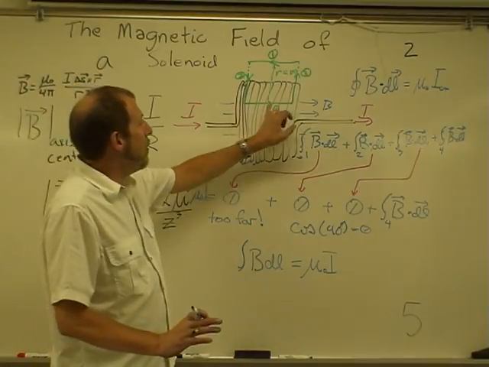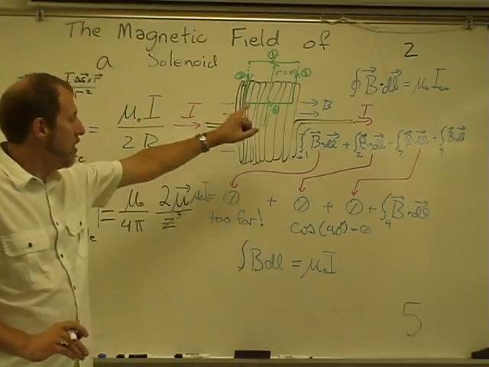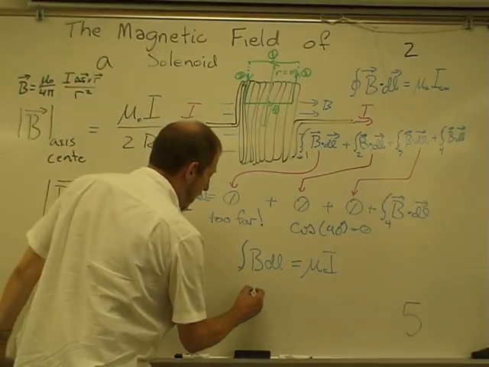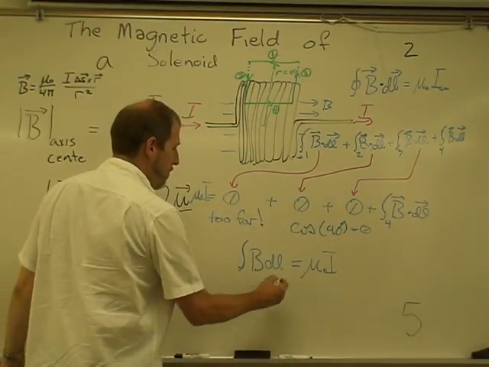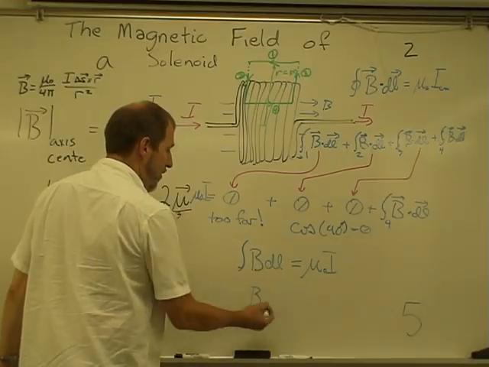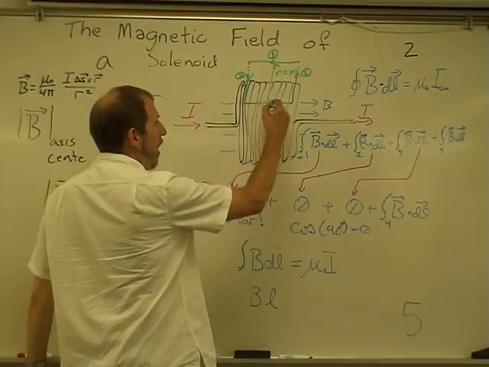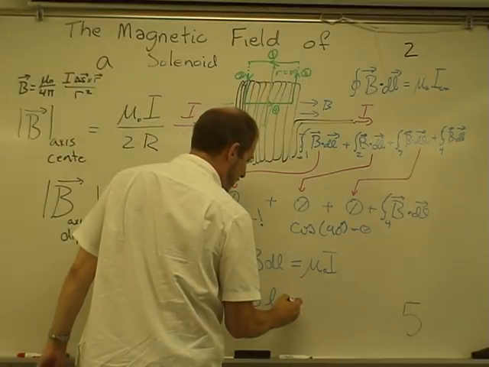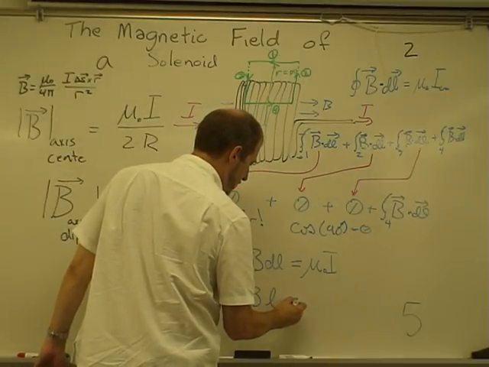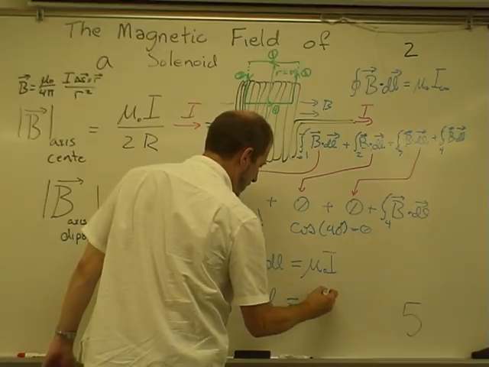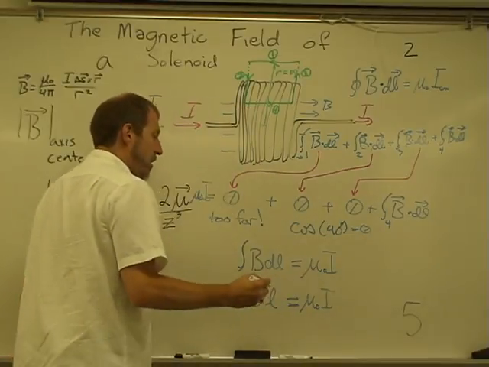If I don't get anywhere close to the end, then that's going to be constant. So I'll have B, which comes out of the integral, times the integral of dl, which just becomes the length of this line, equal to mu naught times the enclosed current.